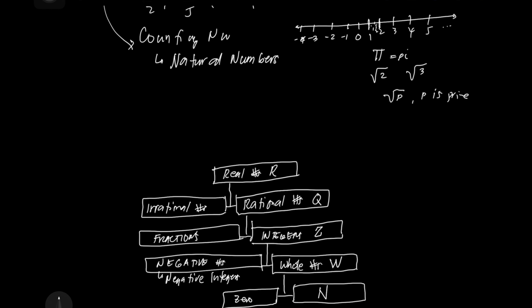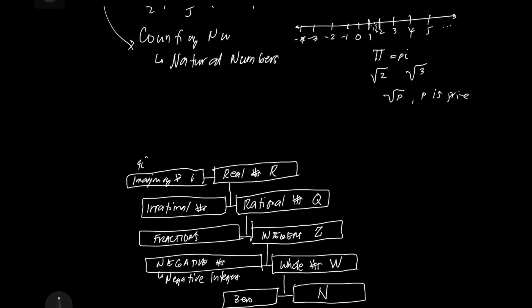So all integers are real numbers, all whole numbers are real numbers, all natural numbers are real numbers. 0 is also a real number, as we have mentioned a while ago. Now, if we continue this, there are also what we call imaginary numbers, those with i.